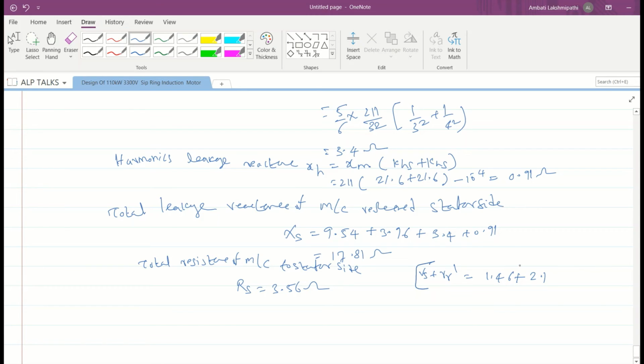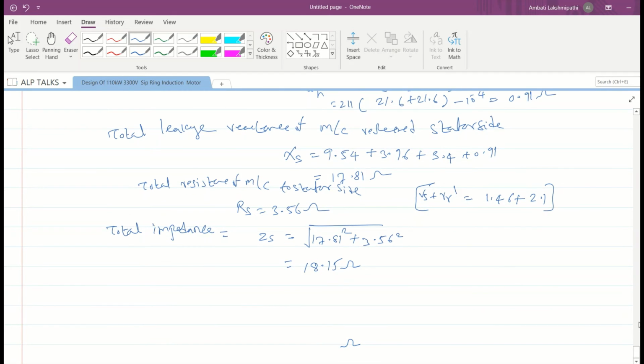This is the way we calculated this RS. So total impedance is ZS, which is the square root of reactance square plus resistance square, with resistance 3.56 whole square. So we will get this value as 18.15 ohms.